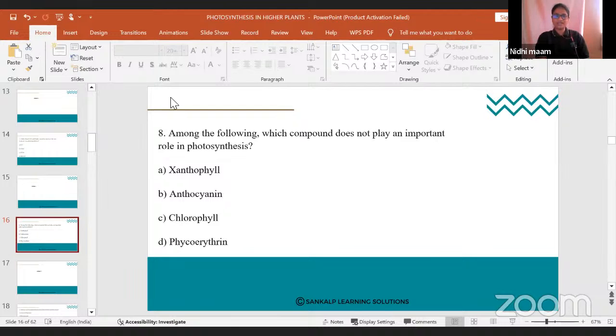It does not play any important role during photosynthesis, whereas xanthophyll and phycoerythrin are pigments in certain kinds of algae and certain ornamental plants, which also contribute to photosynthesis.